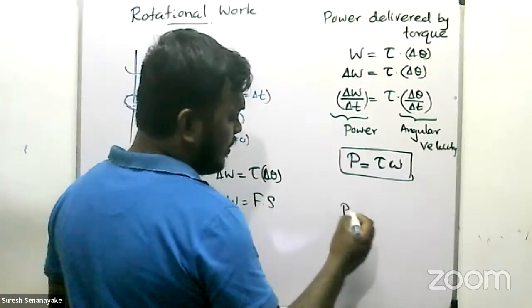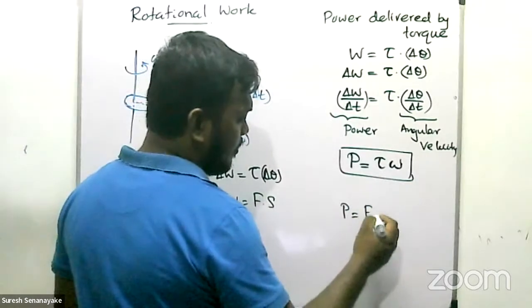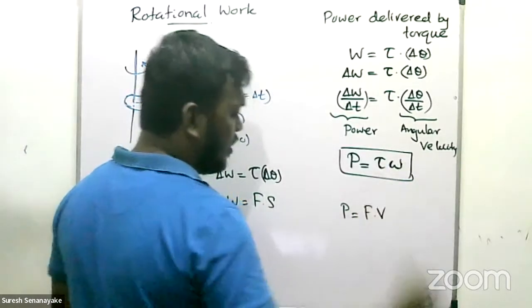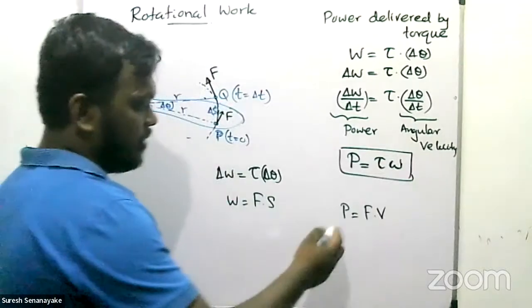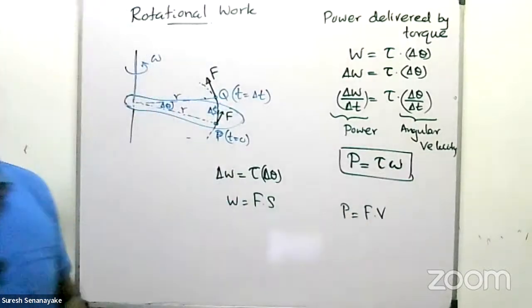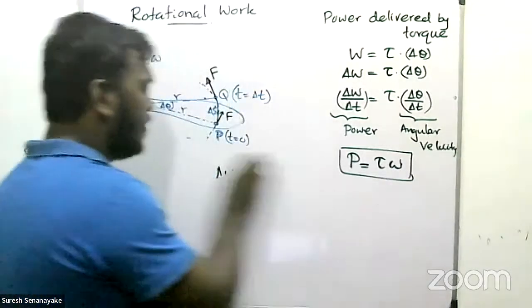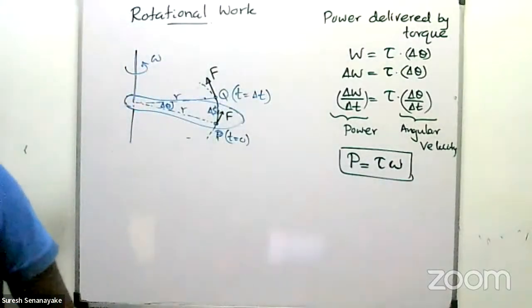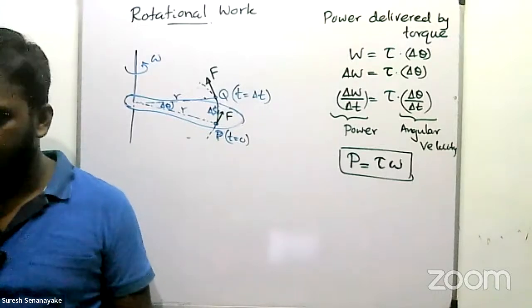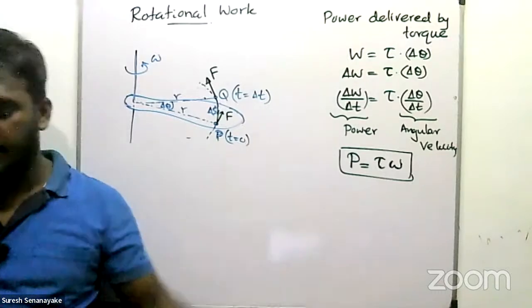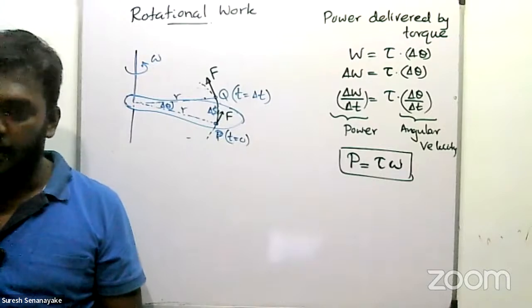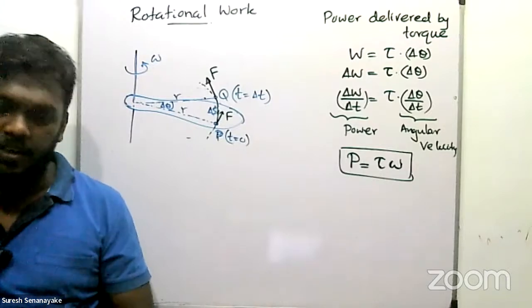Here also in the power, the torque corresponds to the force and omega corresponds to the velocity, just as P equals F times v. Similarly, in rotational motion you can use angular quantities: the power delivered is tau omega.